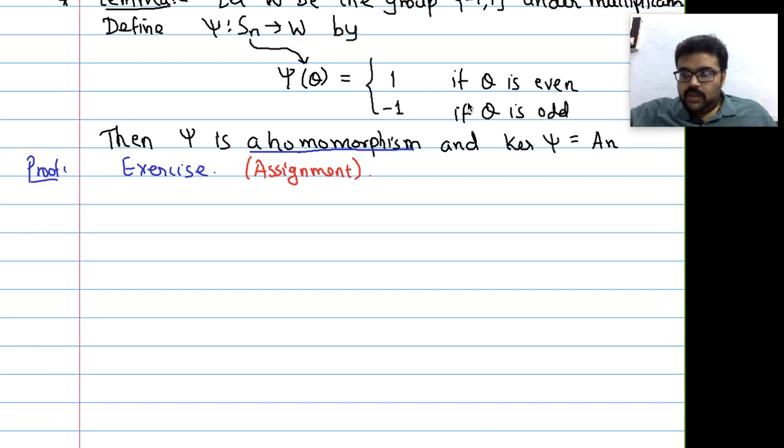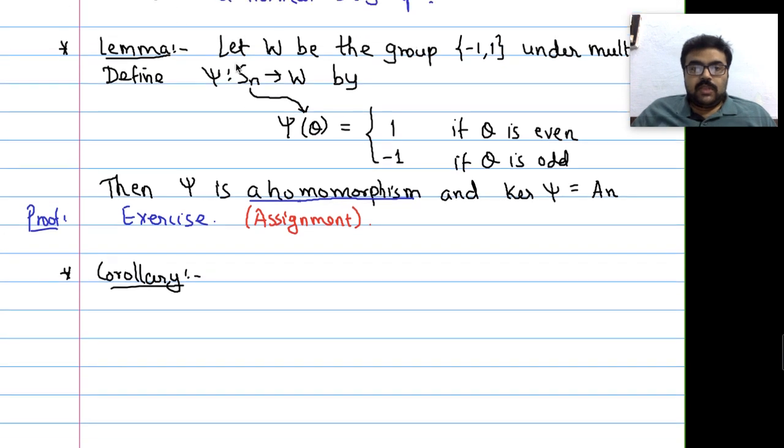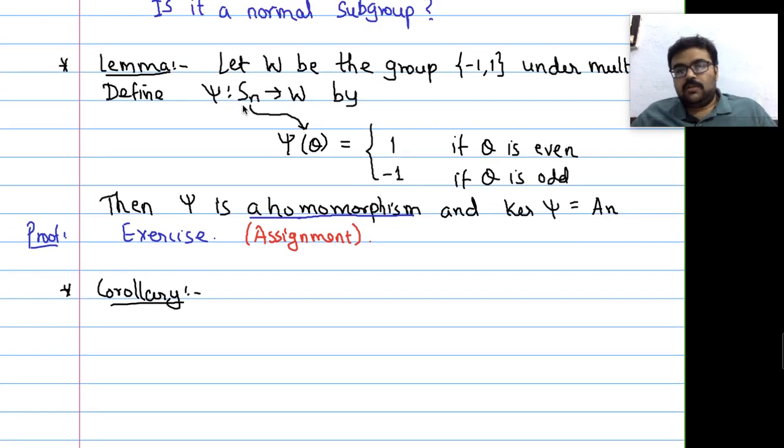So as a corollary, we can conclude that the kernel is always a normal subgroup. So what do we have as a corollary?